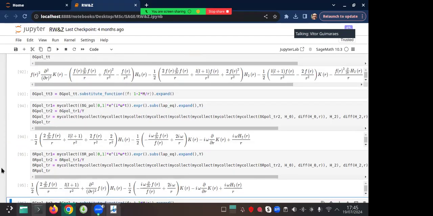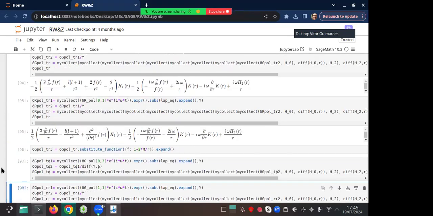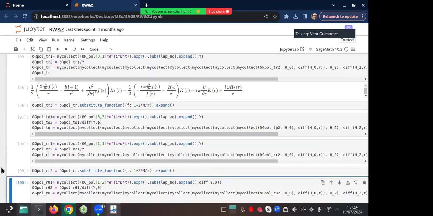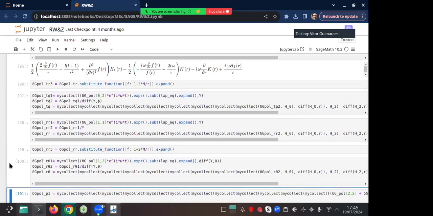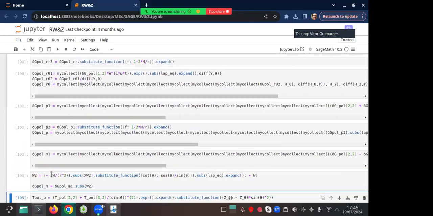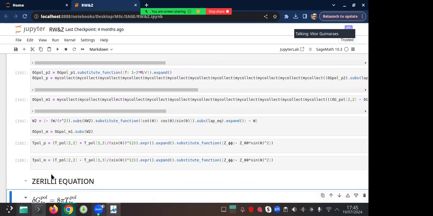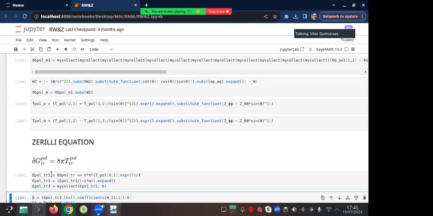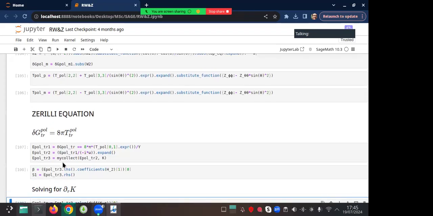And all the components that are significant, T and R, T phi, RR component, R theta component, and construct all this. And then for the Zerilli equation, we set the source terms right here. This is the Zerilli equation.